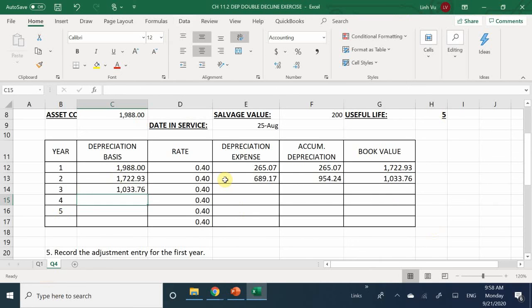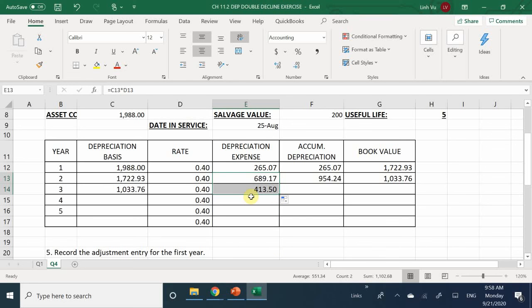Okay, so what's my depreciation expense? So let's go ahead and solve for the rest. Okay, so my depreciation expense is going to be 413.50.